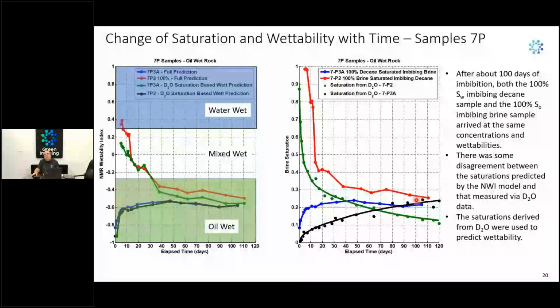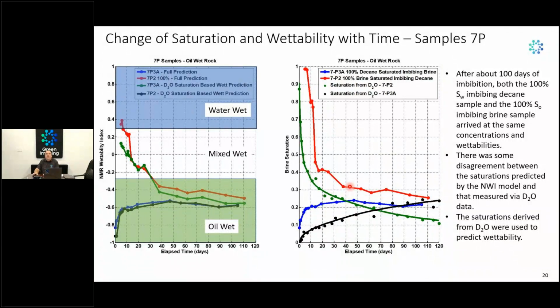So the question was, do the discrepancies we're seeing between what the model predicts and what the NMR D2O data saw really affect the wettability? So we went back to the NWI model, only this time we didn't make the model determine a saturation; we fixed the saturation at the known D2O saturation.